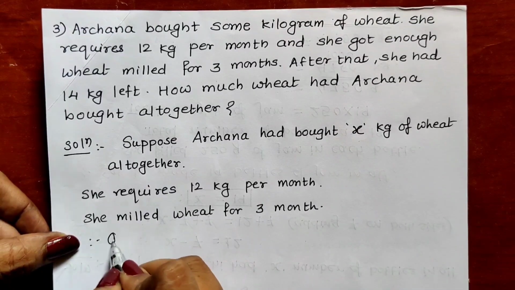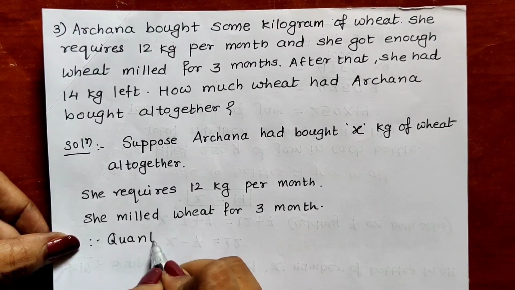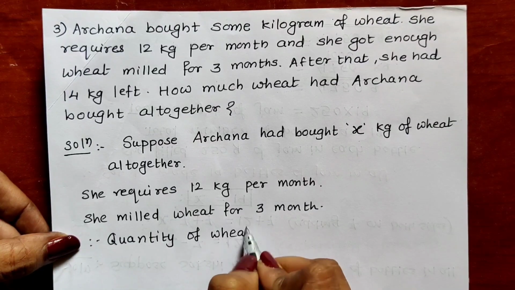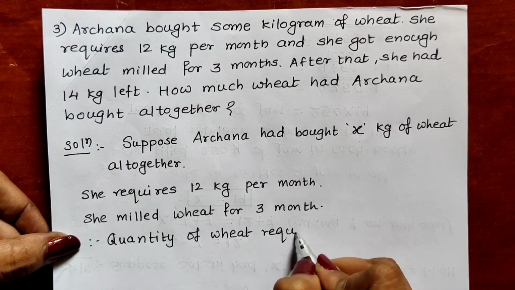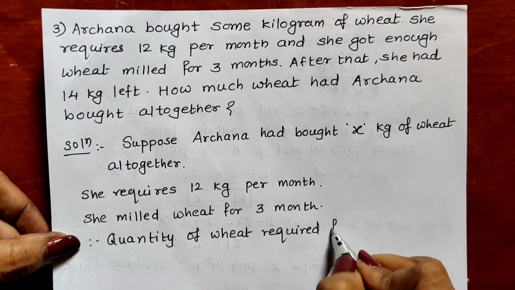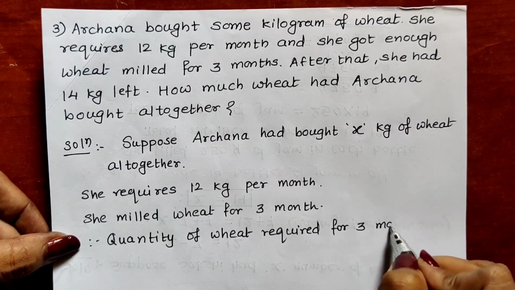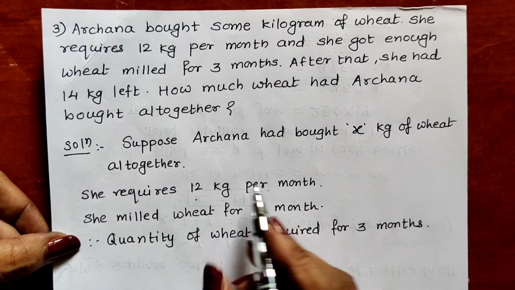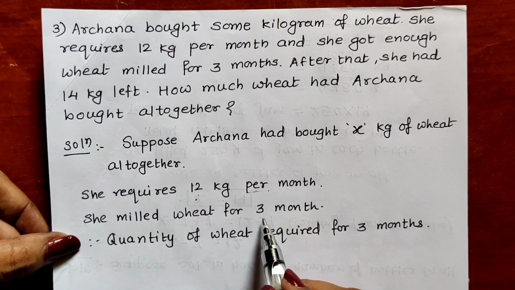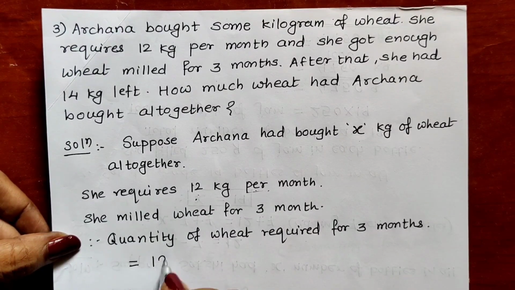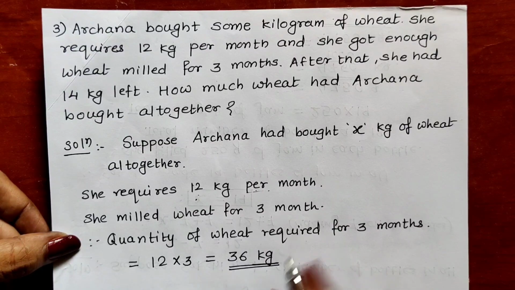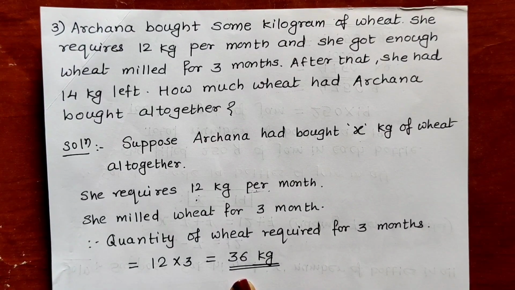So therefore, quantity of wheat required for 3 months. For 1 month she required 12 kg. Per month means 1 month. For 3 months how many kg will she require? 12 into 3, 12 3s are 36 kg. So all together for 3 months she required 36 kg.